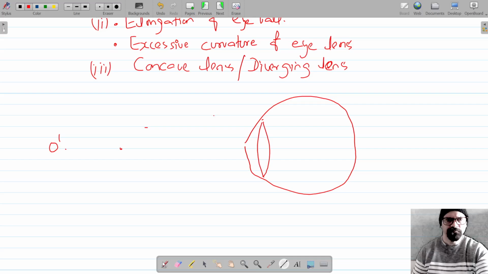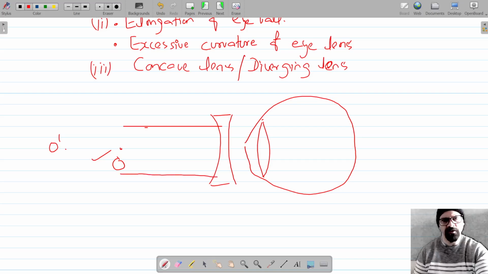Here is the concave lens. It is going to diverge the rays of light coming from the far point, which is nearer than infinity.